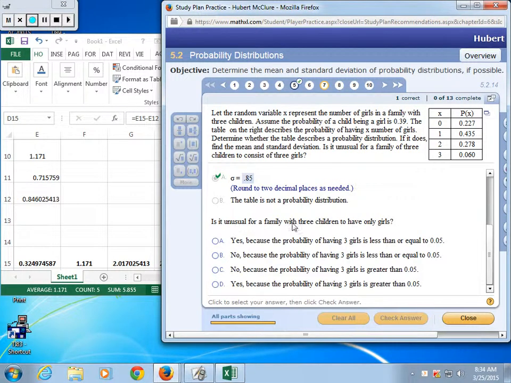Is it unusual for a family with 3 children to have only girls? Well, only girls. Which one is this one up here? Assume probability child having X girls. Okay, so this only girls is how many cents? 6 cents.